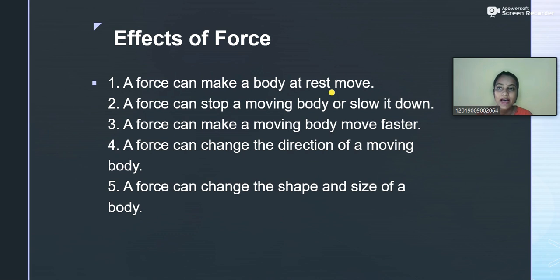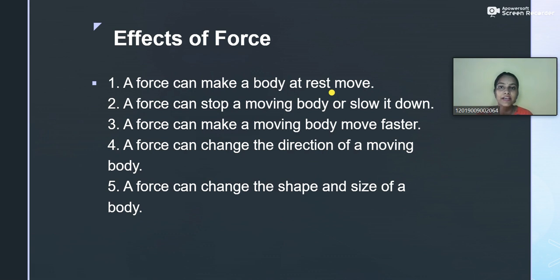So next we have a force can make a moving body move faster. For example, a body is moving and we want it to move at a faster rate. So what will we do? We will apply a force to it so that the body moves faster than it was moving earlier. Then we have a force can change the direction of the moving body.